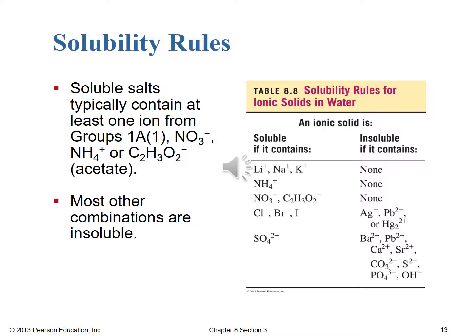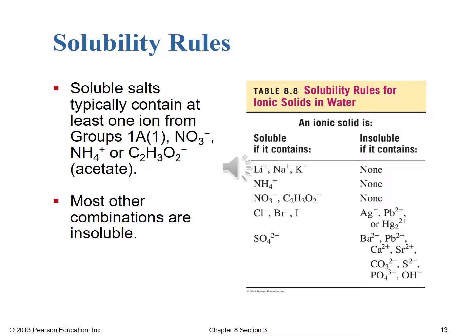And then finally, if you've got the carbonate ion, the sulfide ion, the phosphate ion, the hydroxide ion, those tend to be insoluble unless we've got, say, lithium carbonate or ammonium sulfide, that group 1 and lithium on down and ammonium. If you've got those cations, no matter what the anion they're paired with, they'll always be soluble.